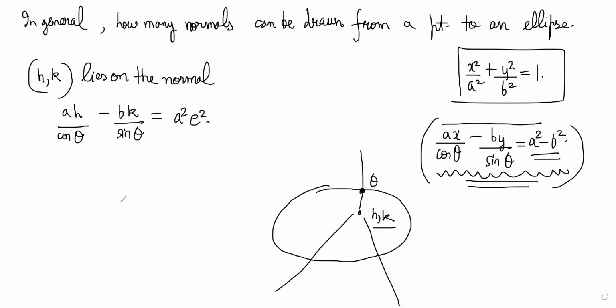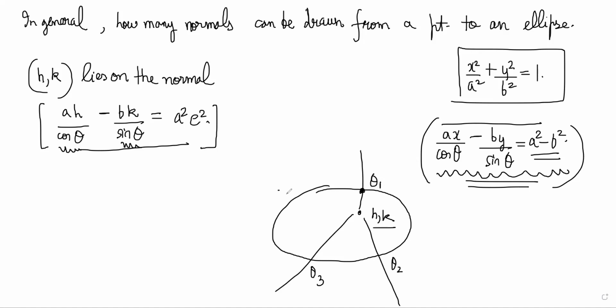Now we want to convert this equation into something in terms of theta, because we want to know how many such points are possible: theta 1, theta 2, theta 3.